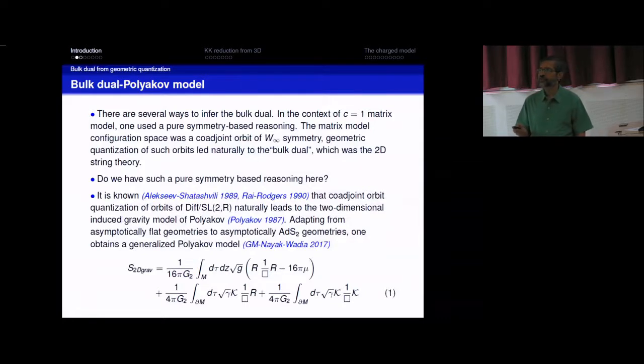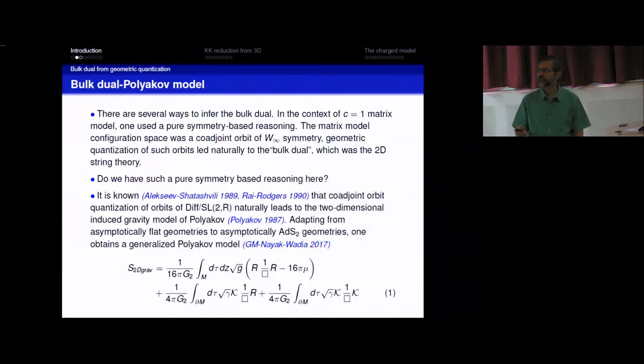Do we have such symmetry-based reasoning here? Well, it is known from 1990 onwards that coadjoint orbit quantization of orbits of Diff mod SL2R naturally leads to the two-dimensional induced gravity model of Polyakov, which consists of this R (1/box) R term.